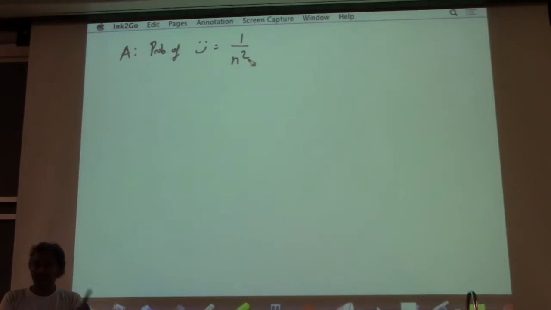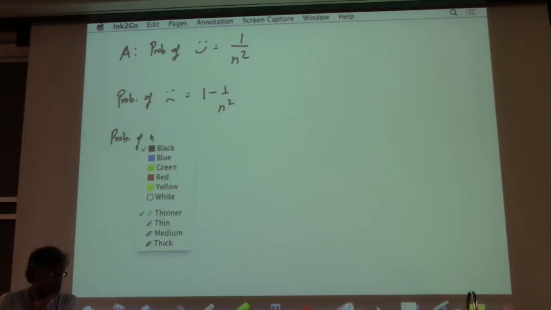So the probability of failure with one trial is 1 minus 1 over n squared. It's a big number. What is the probability of 10?